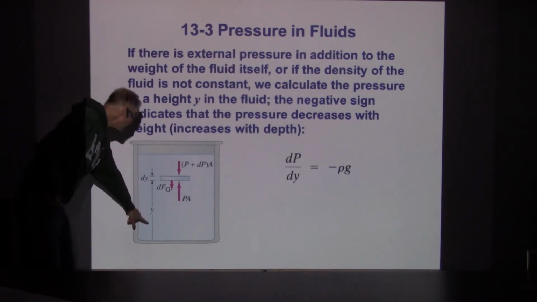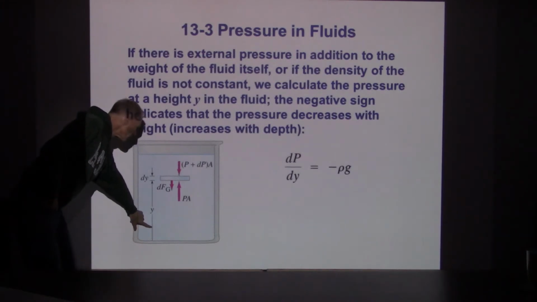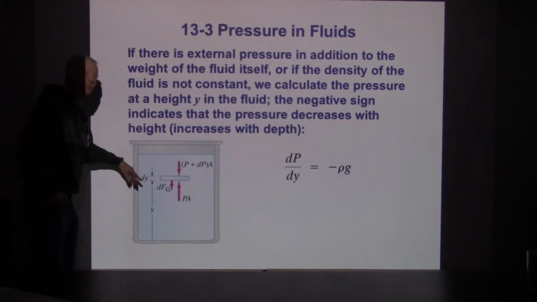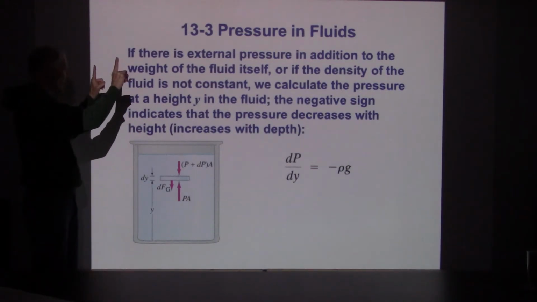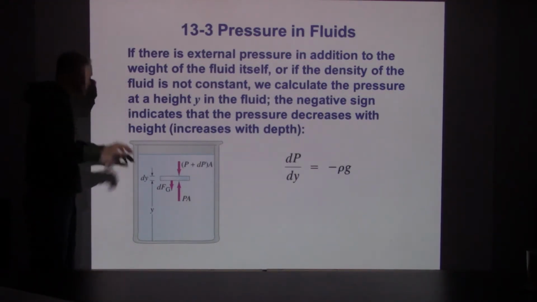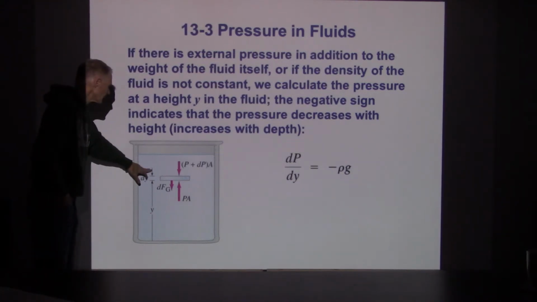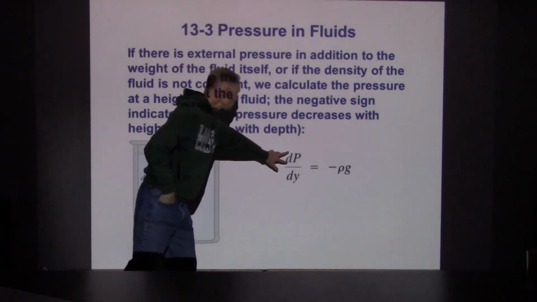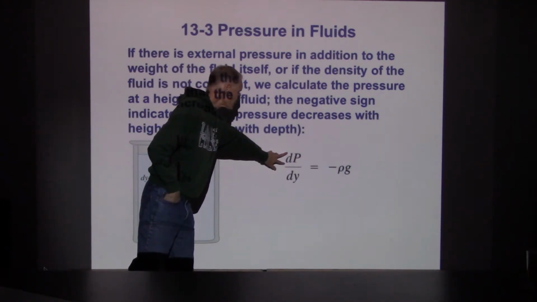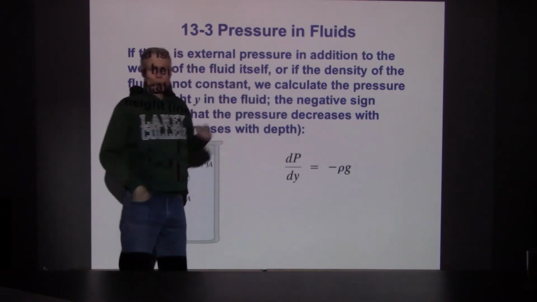What they've done is they've defined y from the bottom upwards. It's a little different definition of a coordinate system. Since they're defining upwards as the positive direction, so this is dy is getting, y is increasing, and we've got a steady number of dy's along here. What they're going to end up with is the pressure is decreasing as we move up through the fluid.